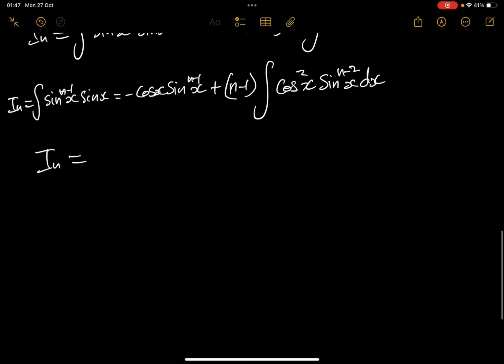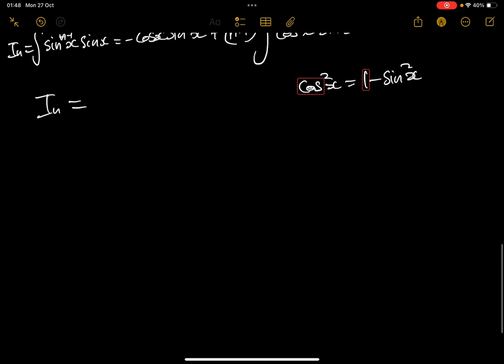So now you have this expression, and you need to further simplify this. Here we have cos squared x, so let's represent cos squared x in terms of sine because we have sine here. We know that cos squared x is equal to 1 minus sine squared x, isn't it? So that's what we're going to do.